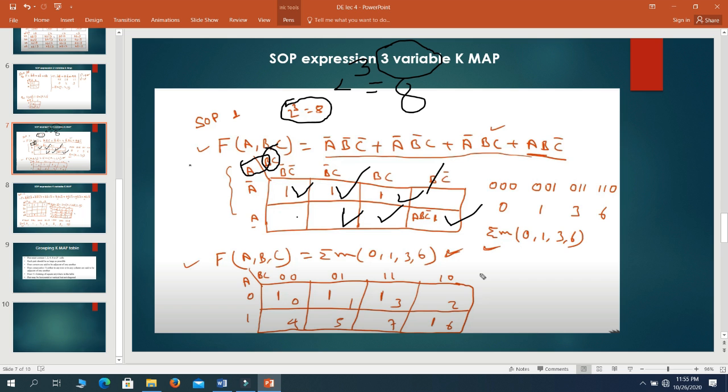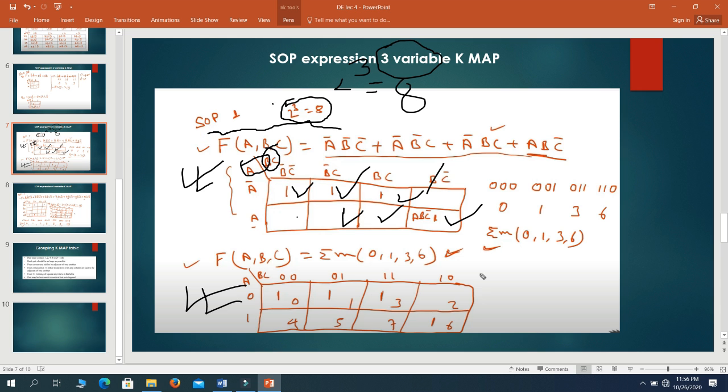Instead of drawing this table first, I would recommend you draw this table, because it is the binary representation and is easier to understand compared to this one.